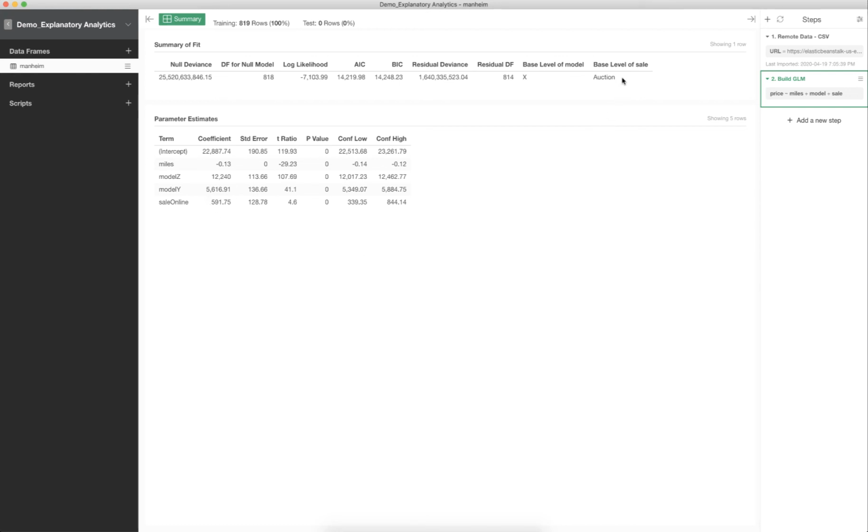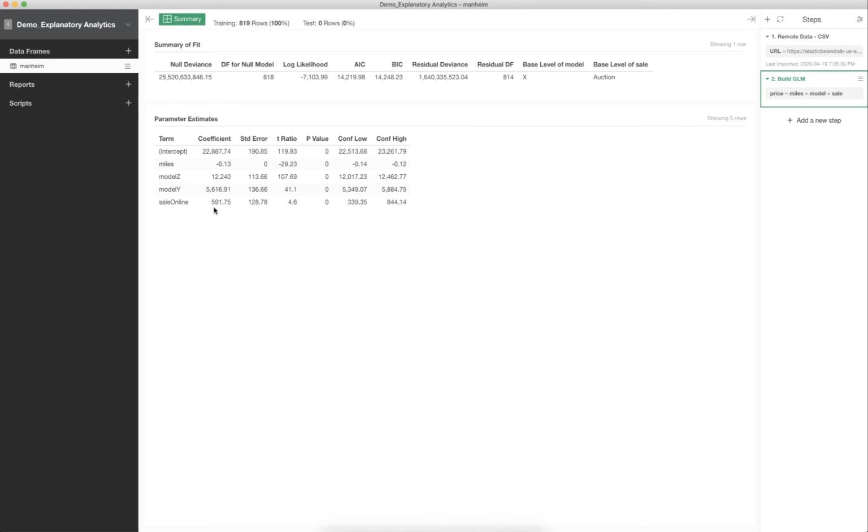Similarly, sale is also string data or categorical data, and the base level of sale in our case in this analysis is auction. Compared to cars sold at auction, sales online are significantly different and bring in $591.75.